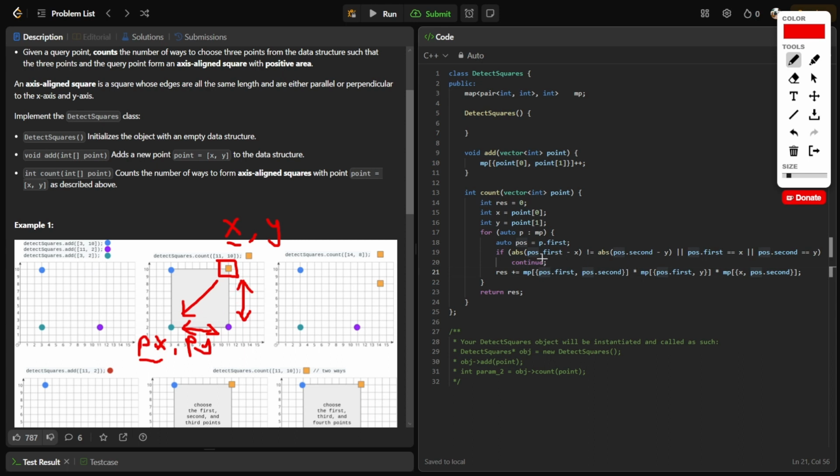And if they do not equal each other, it is not a square. If you look at this example, you can see that the height of this is shorter than the length of this, if this were to be the point. So this will make a rectangle, and we don't want rectangles, we only want squares.